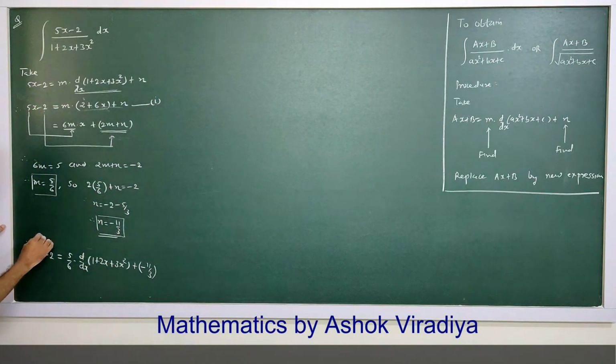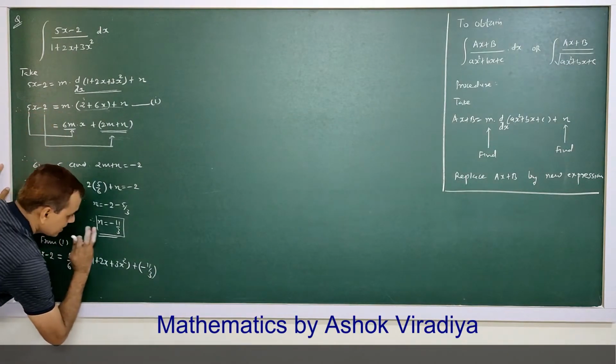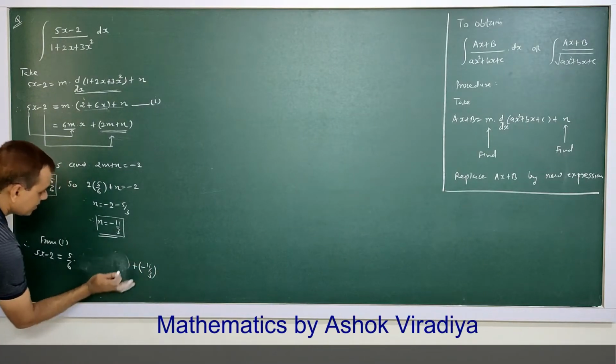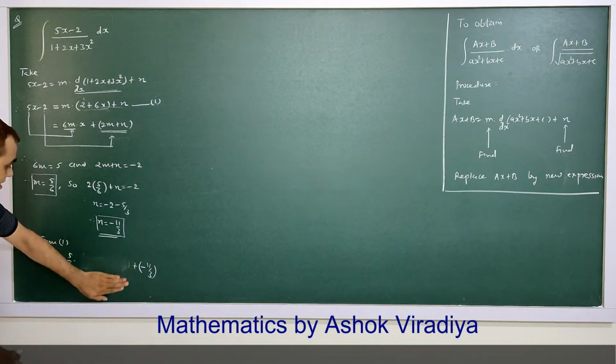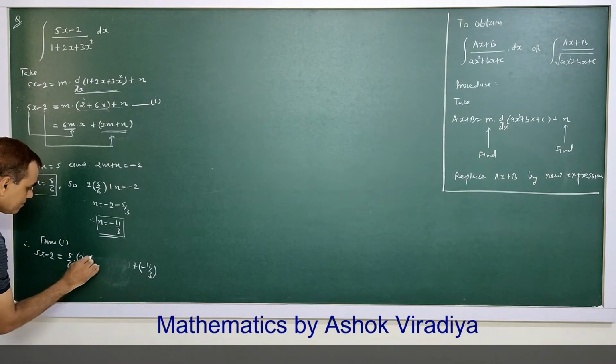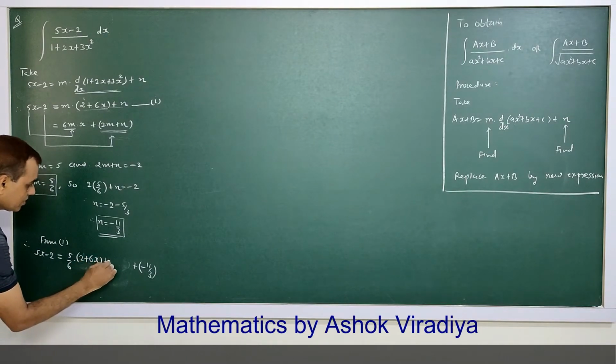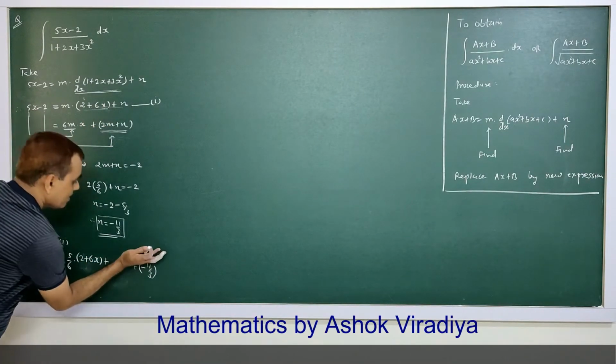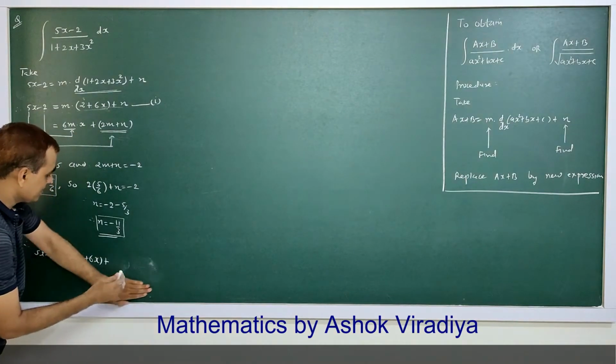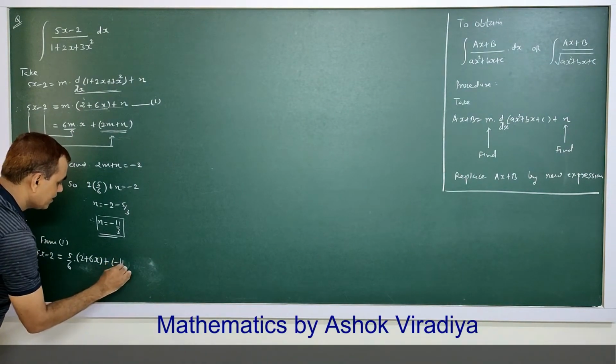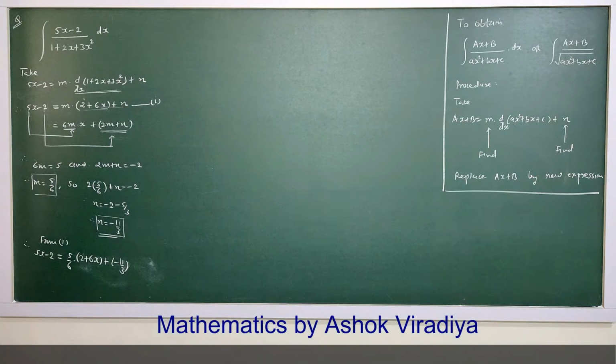So putting in 1, 5x minus 2 equal to 5 by 6 into 2 plus 6x plus n, minus 11 by 3.